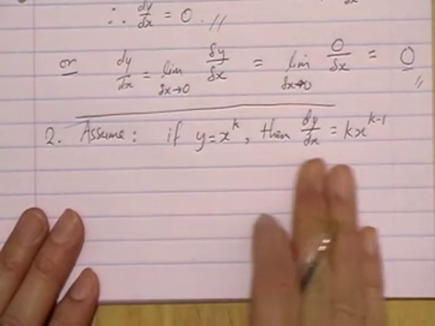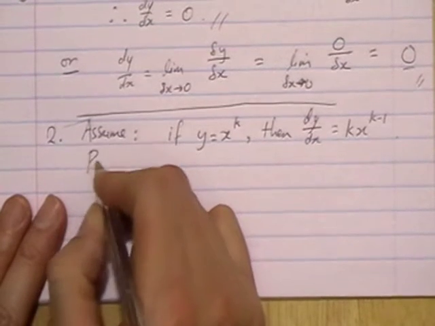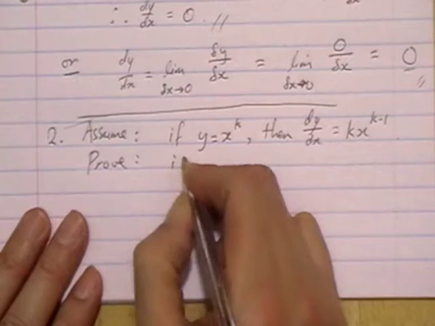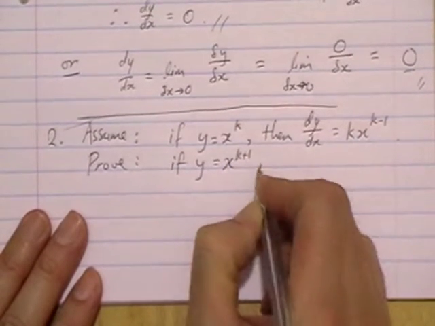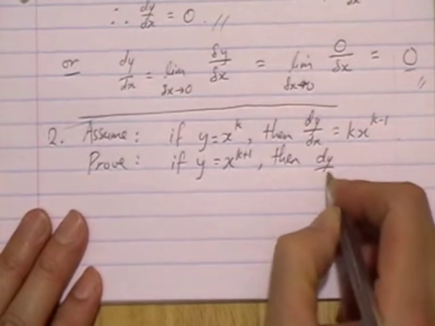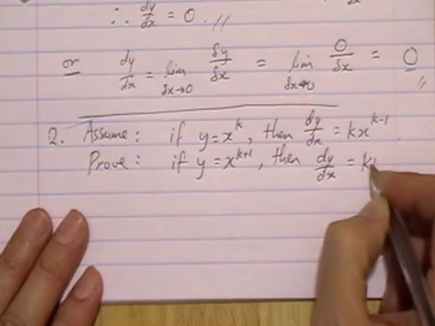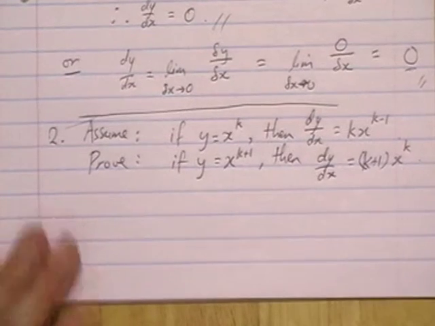So this is what we assume. And we want to prove that if y equals x^(k+1), then dy/dx is equal to (k+1)x to the power of k.